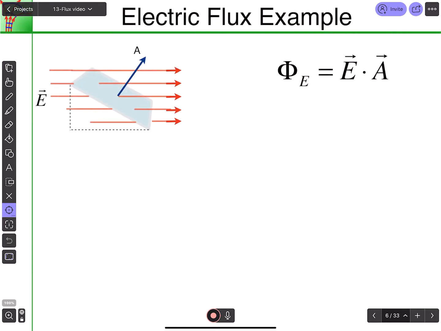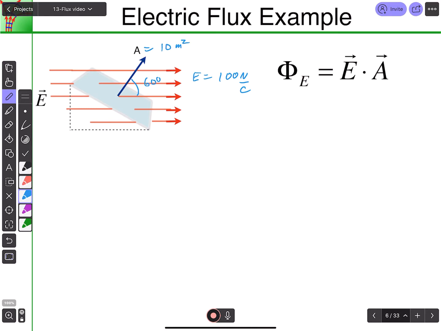Just to give you an example, let's make one. So if this were 60 degrees, and the electric field was 100 newtons per coulomb, and the area was 10 square meters, then the electric flux in this case would be E dot A, or the magnitude of E times the magnitude of A times the cosine of the angle between them.